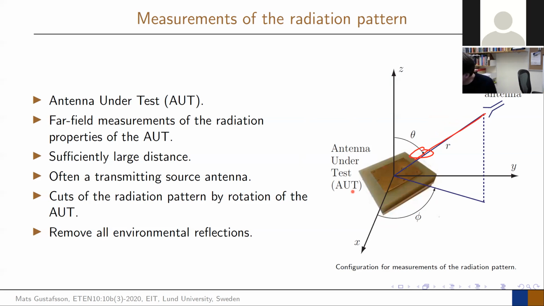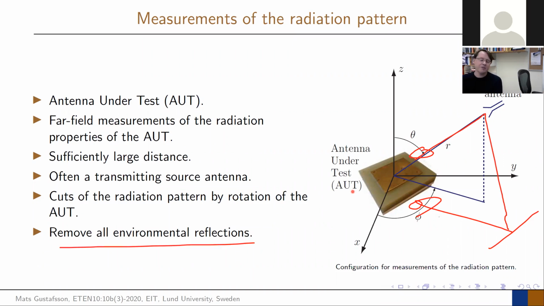It could take this direction, hit something, and be radiated up here. And if that happens, you don't measure the correct thing, because you need to know from where the signal is coming if you're going to determine the radiation pattern. So that means that we need to remove all of these environmental reflections.